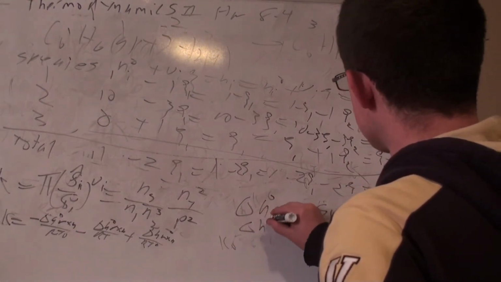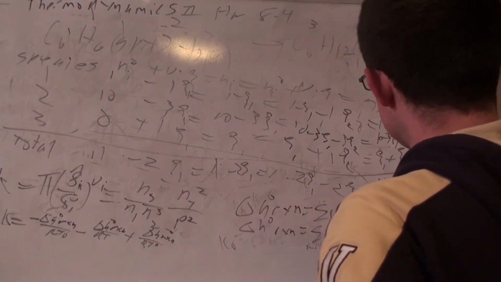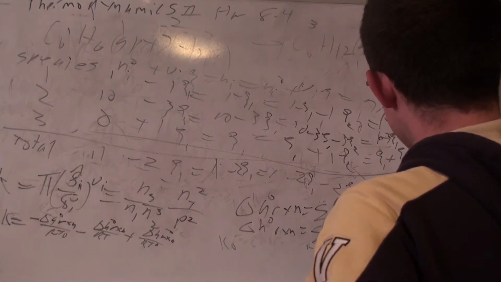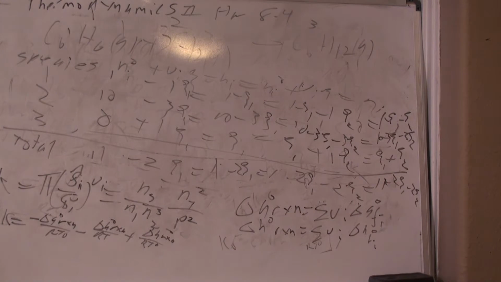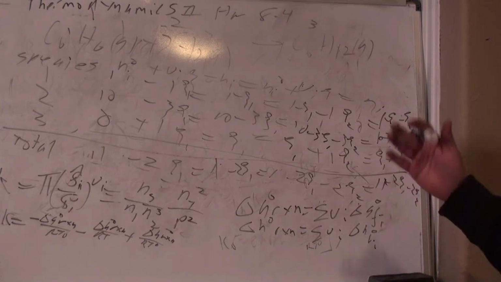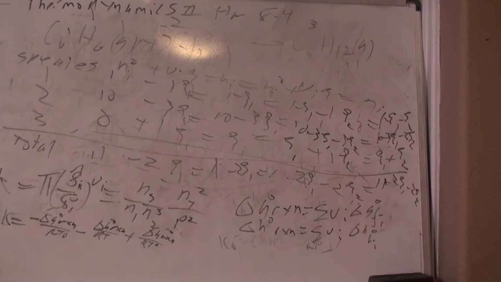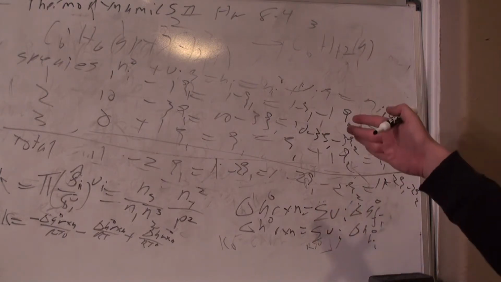And delta H naught of reaction is equal to the summation of nu i delta H of formation of i. And where do I get delta H of formation? From the book. I'll look it up for cyclohexane, I'll look it up for benzene. It doesn't really matter. I'll just plug in the numbers. I just have to remember not to forget hydrogen.